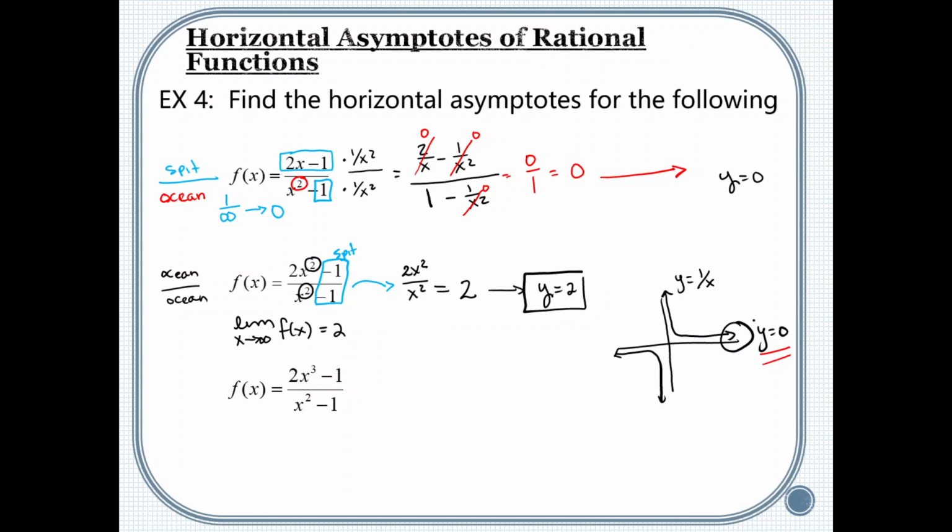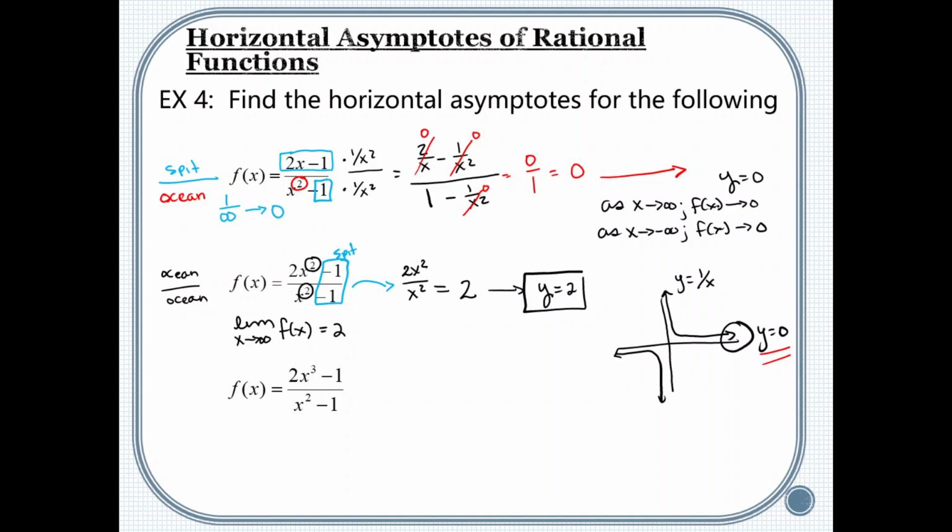So if we want to describe the end behavior of this first one, as x goes to infinity, f of x goes to 0. And as x goes to negative infinity, f of x goes to 0.